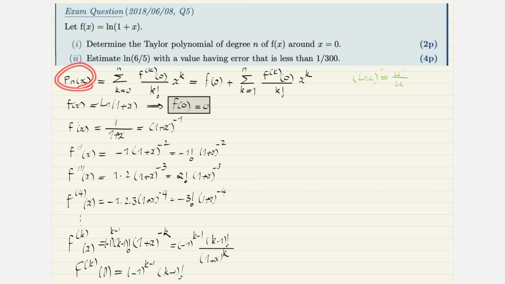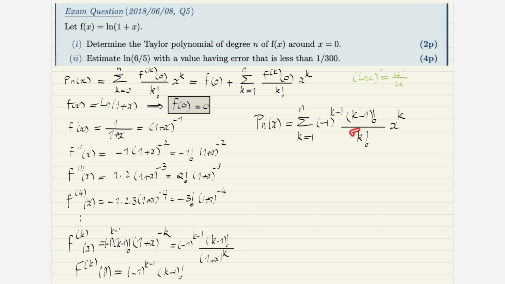So P sub n becomes this expression, and instead of the kth order derivative at 0, I put this expression. So what happens? P n finally becomes sigma, k goes from 1 to n, and then I have minus 1 to power k minus 1, k minus 1 factorial divided by k factorial, and then after that I have x to power k.